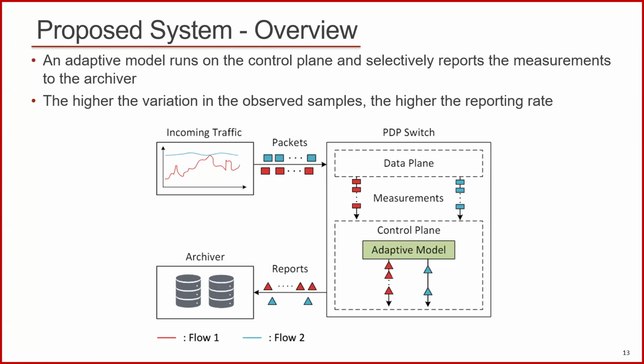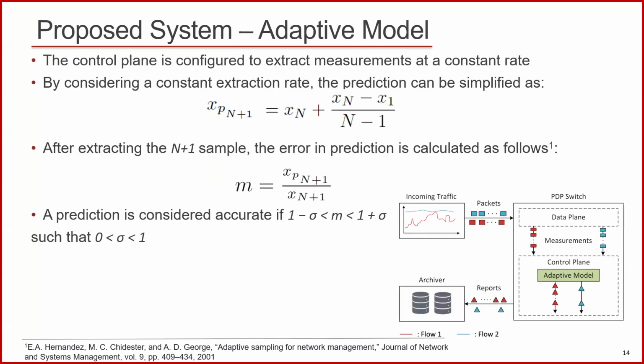One added value of the system compared to the linear prediction method is that the extraction rate is constant, the rate at which we are extracting from the data plane. Another advantage is that we can make the decision on a per observation basis and not per sample basis. The difference between saying per observation and per sample is that the adaptive model is not only considering the samples or the reports it's sending to the archiver to predict the future values.